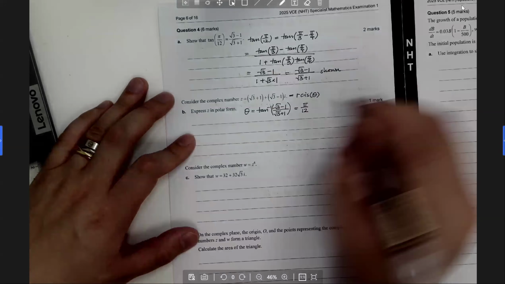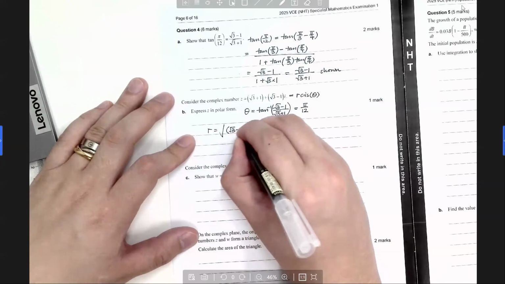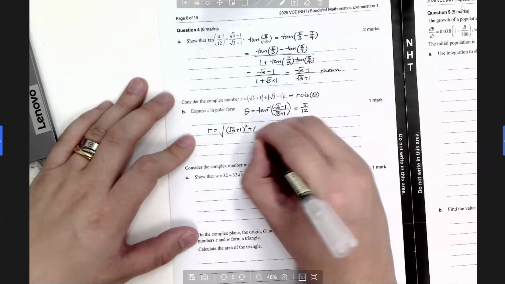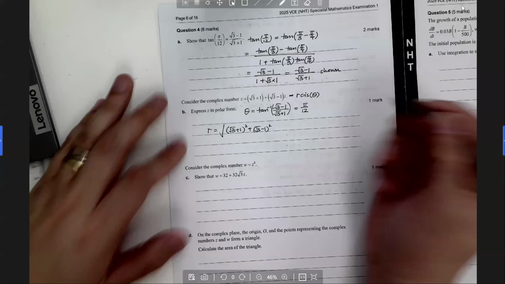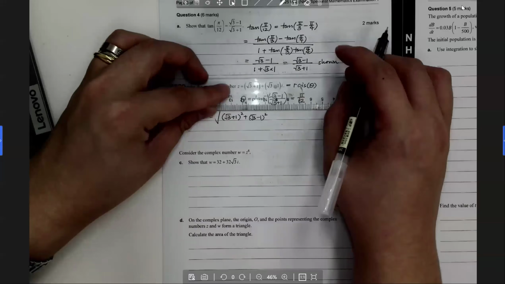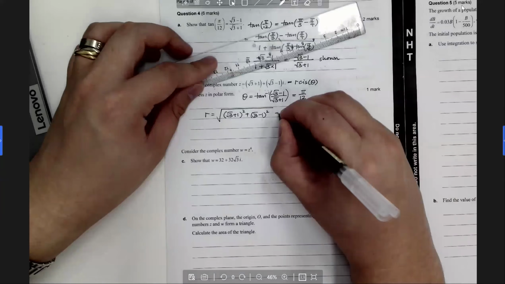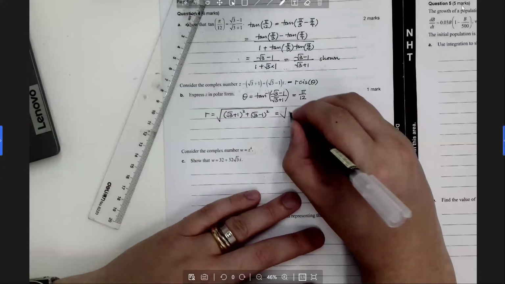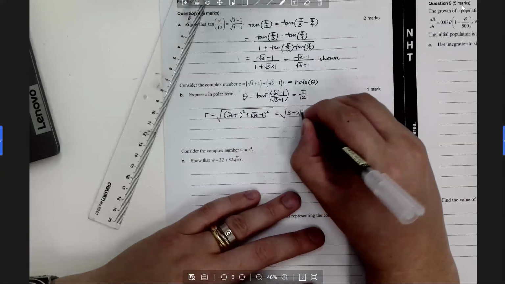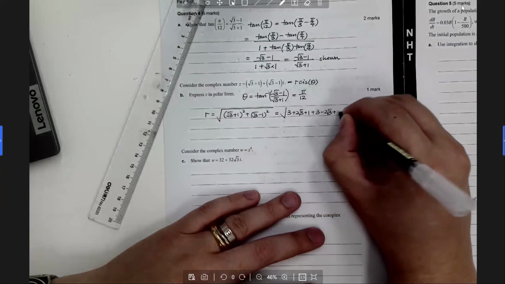And then my r is going to be the square root of root 3 plus 1 squared plus root 3 minus 1 squared. I should be able to get everything expanded and simplify this expression. So we say 3 plus 2 root 3 plus 1, plus 3 minus 2 root 3 plus 1.